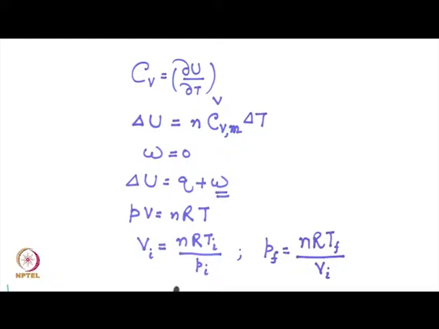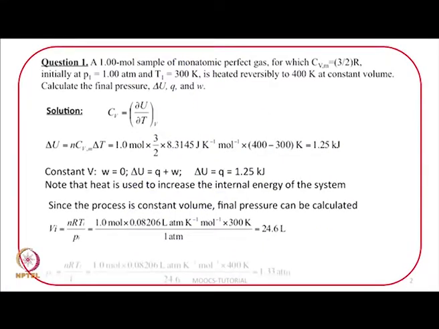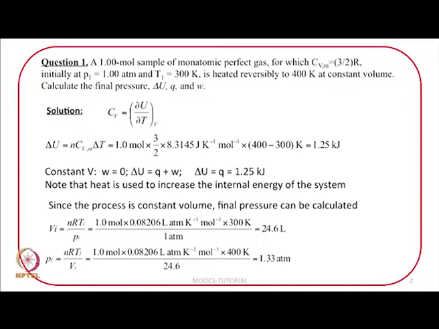Look at the slide, V I comes out to be 24.6 liter, and the final pressure from this expression N R T f by V I will come out to be 1.33 atmosphere. So, the temperature is being increased, the volume is being held fixed. So, obviously, the pressure is going to increase. The pressure has increased from 1 atmosphere to 1.33 atmosphere.